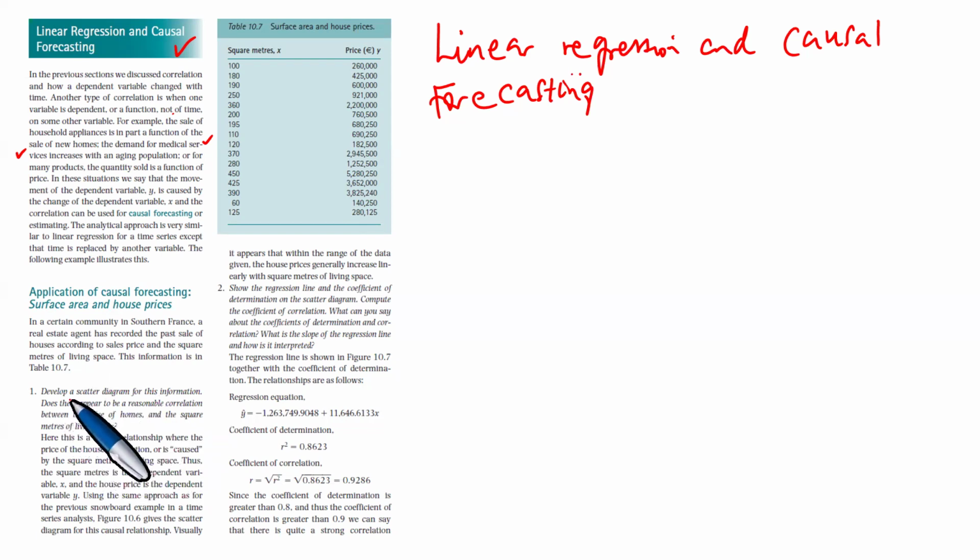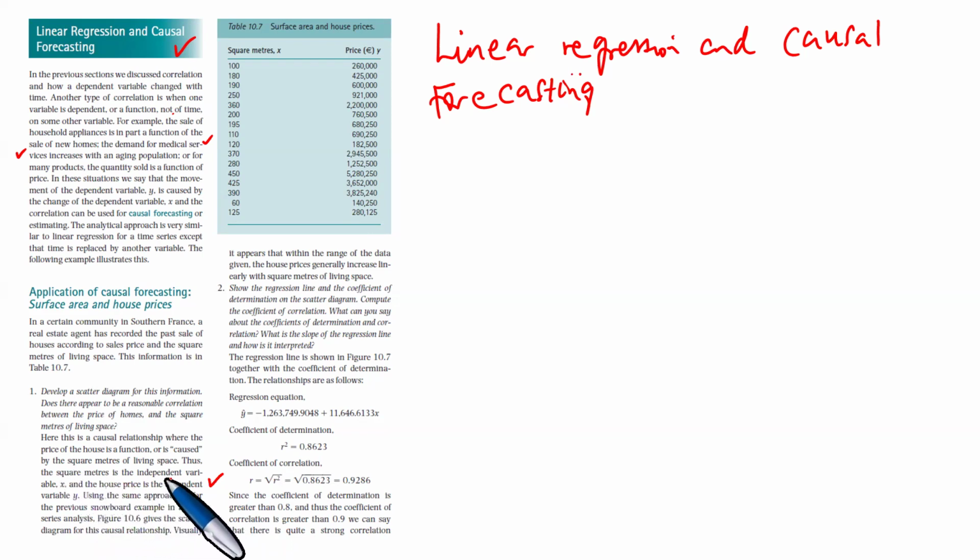Does there appear to be a reasonable correlation between the price of homes and the square meters of living space? Here, this is a causal relationship where the price of the house is a function of, or is caused by, the square meters of living space. This is very important. Thus, the square meters is the independent variable x, and the house price is the dependent variable y.